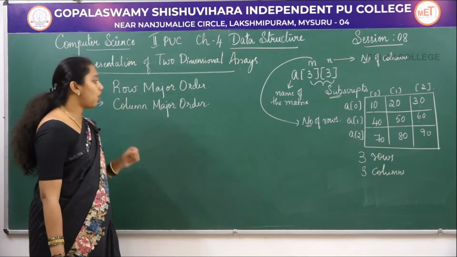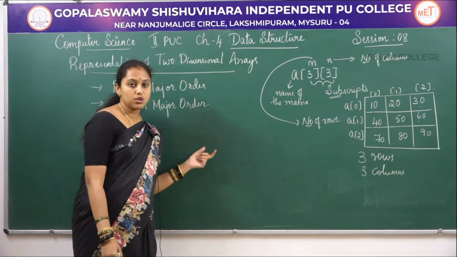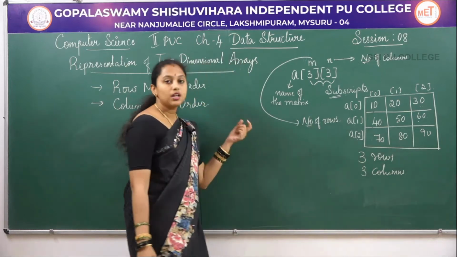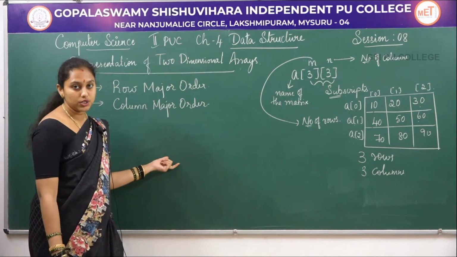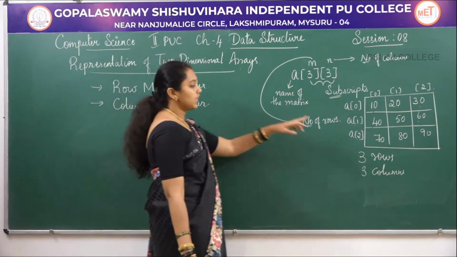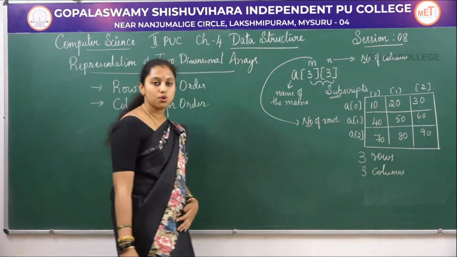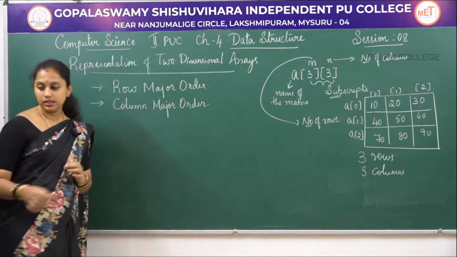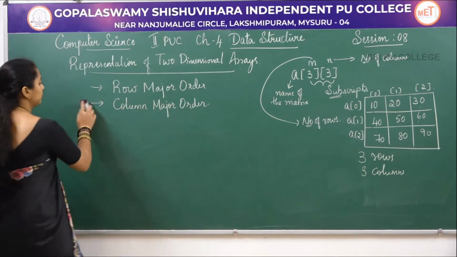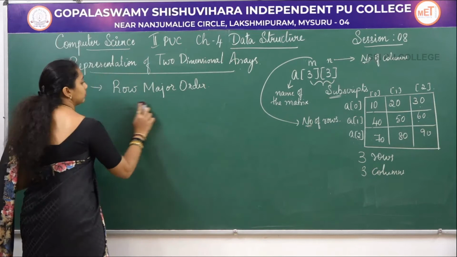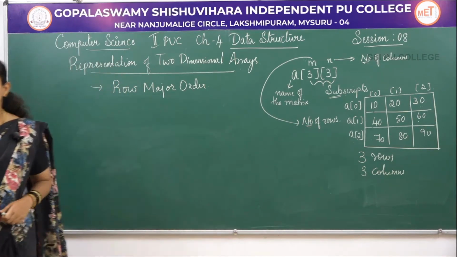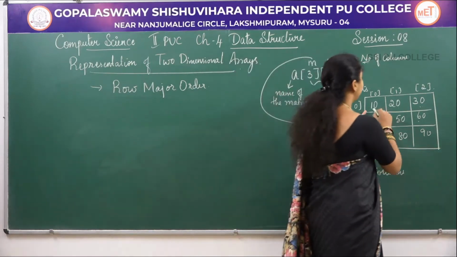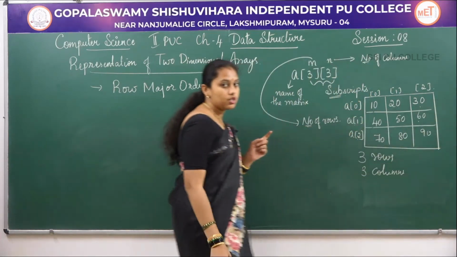In row major order, the elements of the first row are stored in contiguous memory locations, then the second row elements and so on. So in row major order, we are going to store the first row elements first.